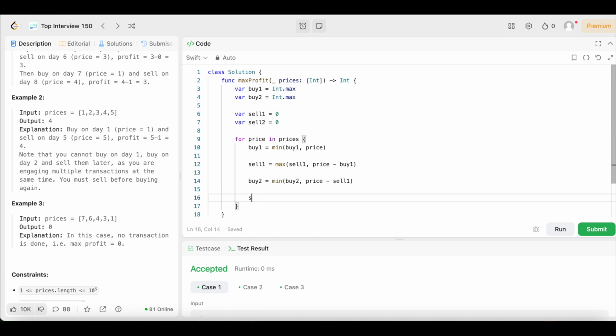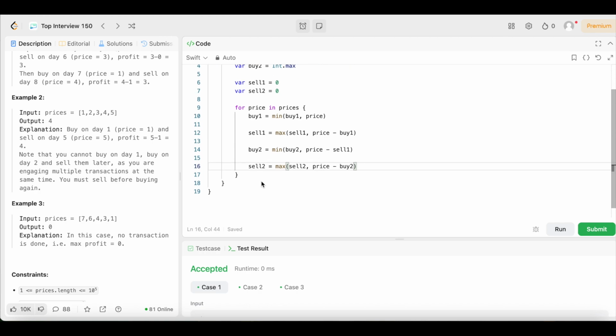We'll say sell2 equals max(sell2, price - buy2). Boom, just like that. And now at the end, we need to return the maximum profit with at most 2 transactions. So we could just say return sell2.